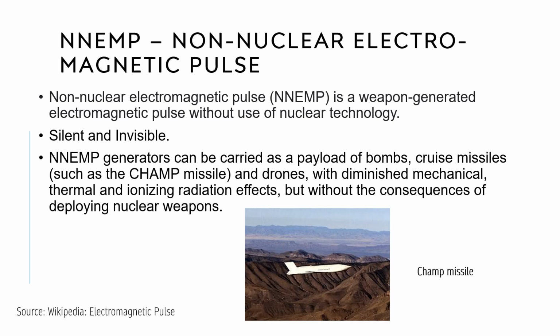Could you do that without having to have a nuclear bomb? Nuclear bombs are pretty messy, and it's hard to make a small one, actually. So a non-nuclear electromagnetic pulse is a weapon-generated, silent, invisible attack on a ship, an airplane, a guided missile.